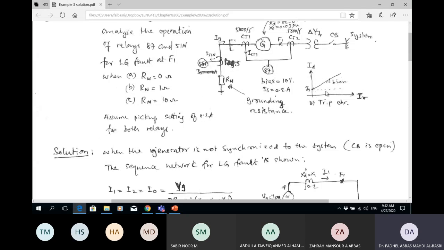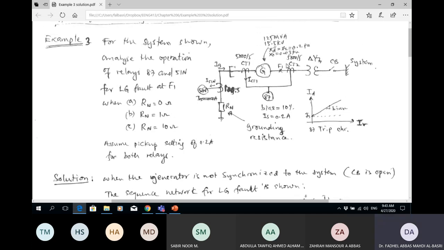I'm using these characteristics: a minimum pickup setting of 0.2 and a bias of 10%. The minimum setting of this is also 0.2, and I'll call the current in the secondary going to the overcurrent relay I51N.